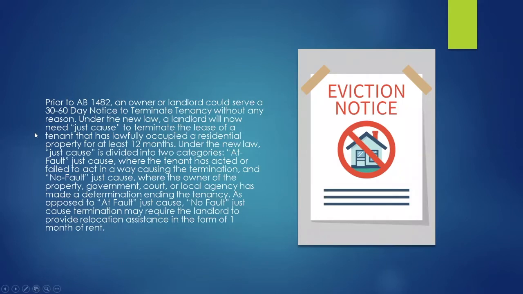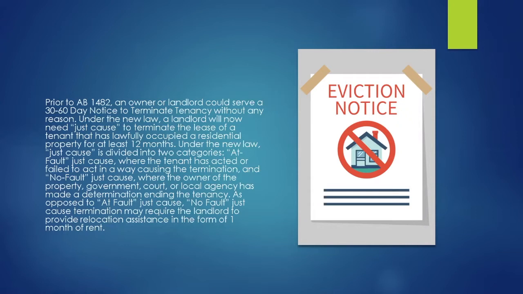Prior to AB 1482, an owner or landlord could serve a 30 or 60-day notice to terminate tenancy without any reason. Under this new law, a landlord will need just cause to terminate the lease of a tenant that has lawfully occupied a residential property for at least 12 months. Under the new law, just cause is divided into 2 categories.